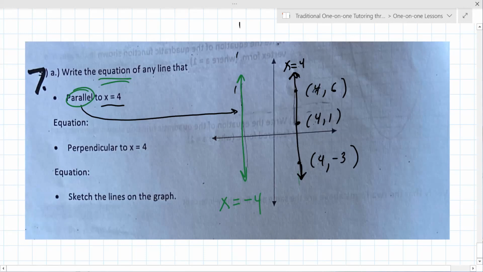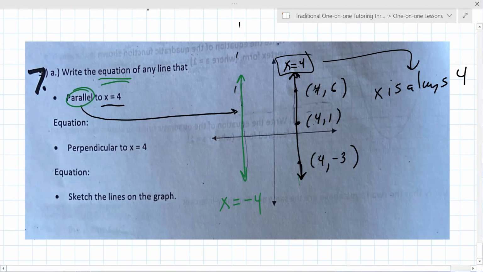And they all have 4 in it. Yes, x is always 4. That's what this means. X is always 4. But y can change. Y could be 6, could be 1, it could be -3, it could be anything. But x is always 4.